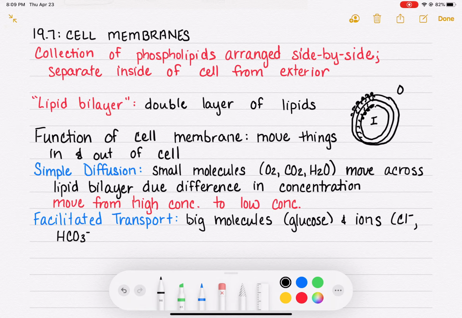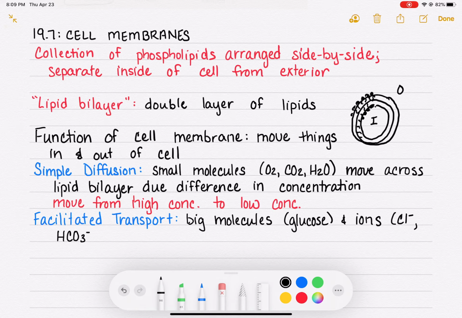It's just their polarity is too different. So again, we're going from an area with high concentration, 2 molecules in this representation, to a low concentration area. Down here we have 1 molecule, so high concentration to low concentration through these little channels.